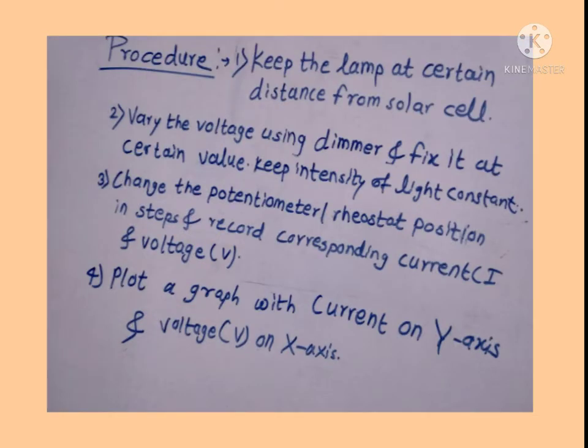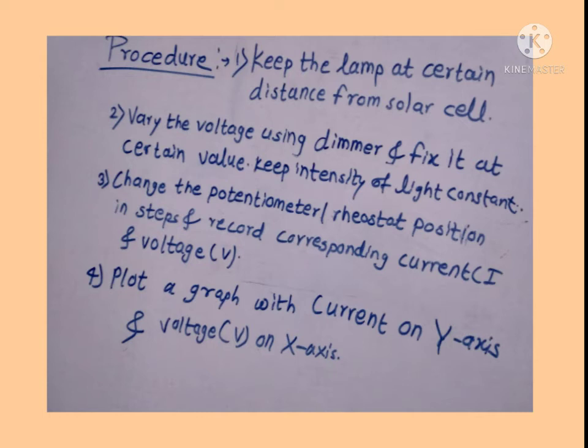Let us see how the experiment is performed. First, keep the lamp at a certain distance from the solar cell. Vary the voltage using the dimmer and fix at a certain value of light intensity. Here we fix light intensity at 500 watt per meter square.